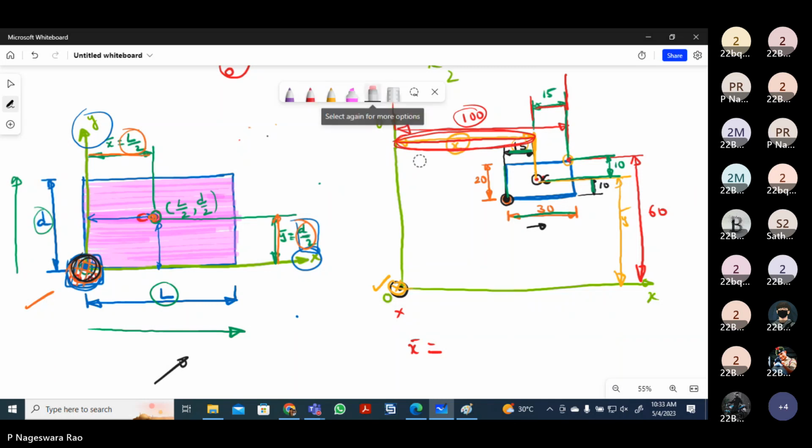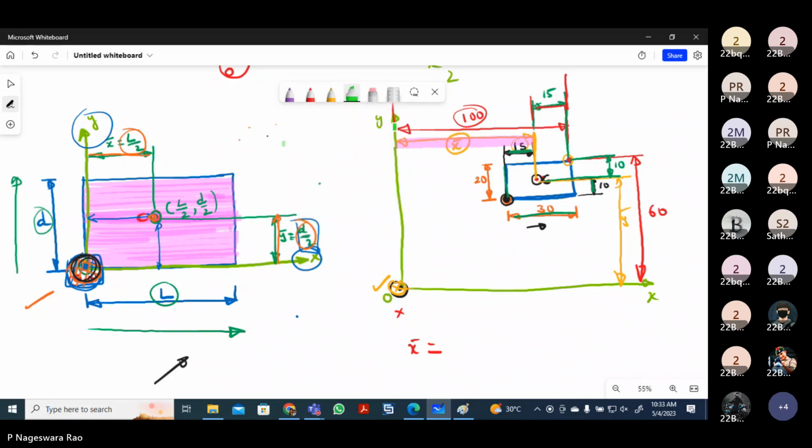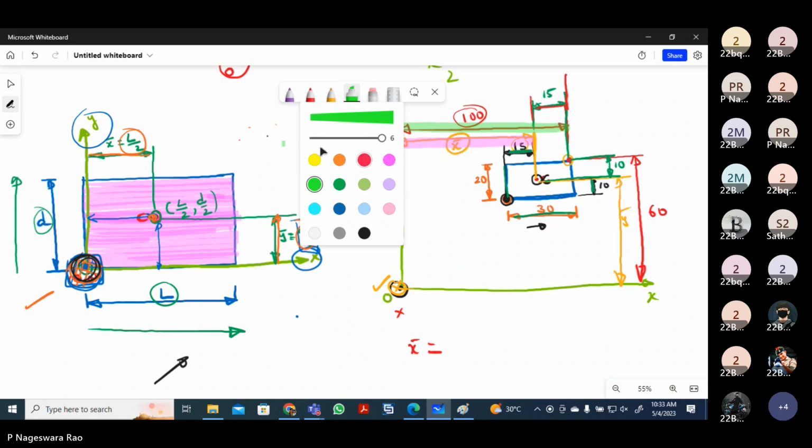How to get this distance? What I am saying, this distance. This distance I need. Okay, you know that this total distance is 100.